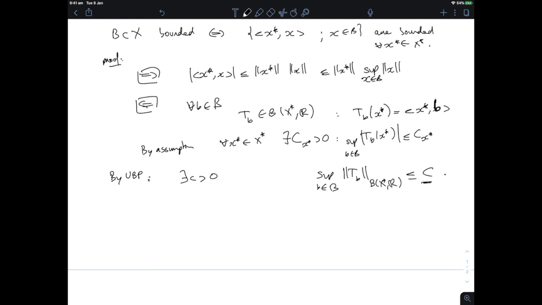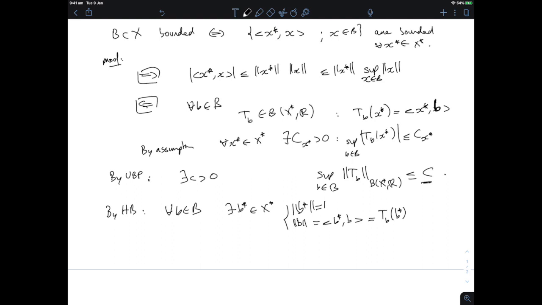Now remember that Hahn-Banach theorem gives us the existence of norming functionals. So Hahn-Banach theorem tells us that for every b in B, there exists a b star in X star that has norm 1 and is such that the norm of b is the duality product of b star with b, which by the way is equal to Tb applied to b star.